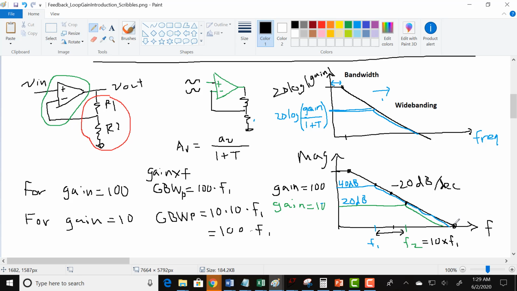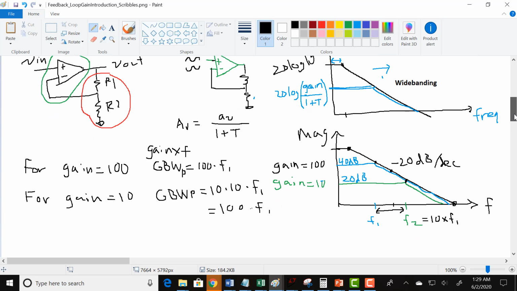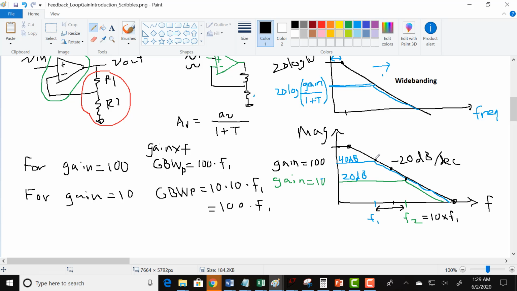Okay. So the gain bandwidth product gives you this value anywhere on this line. Again, if you take the gain and multiply it by the frequency, you'll get a constant. You'll get this 100 times F1 in the example here.